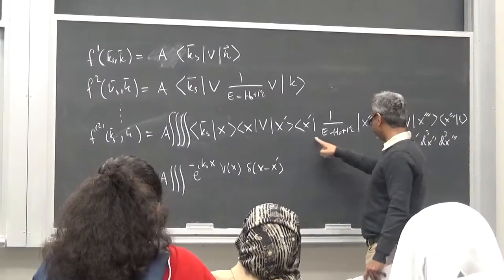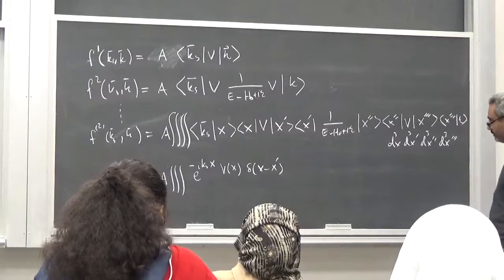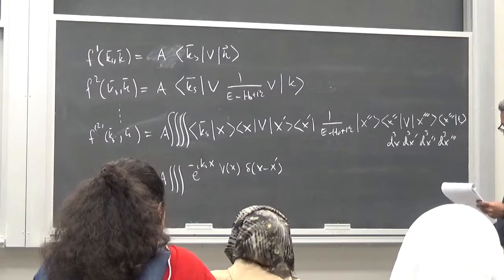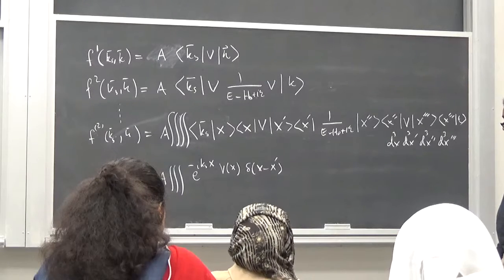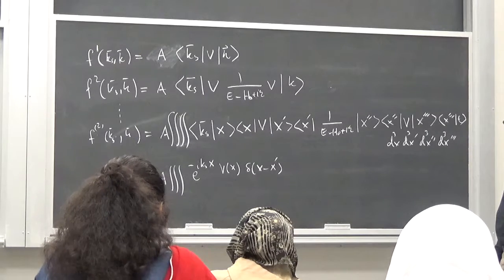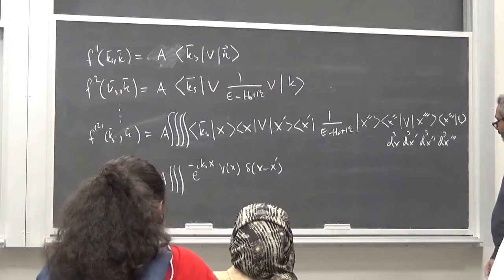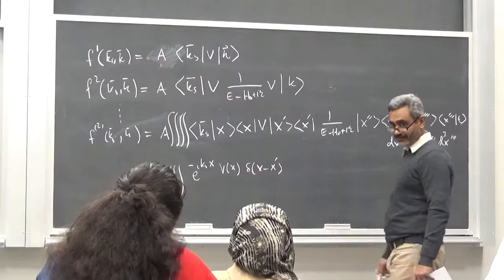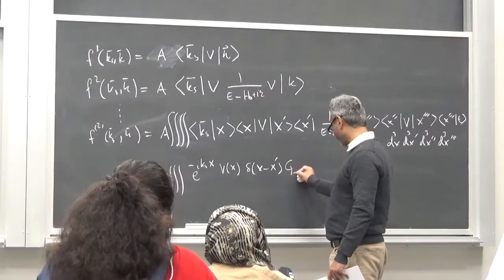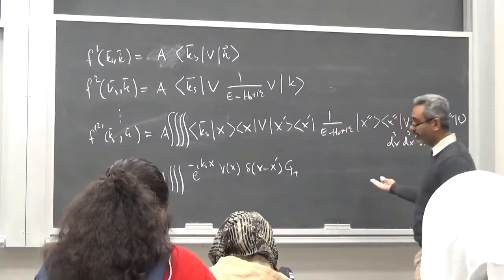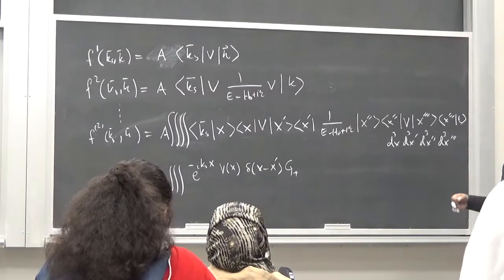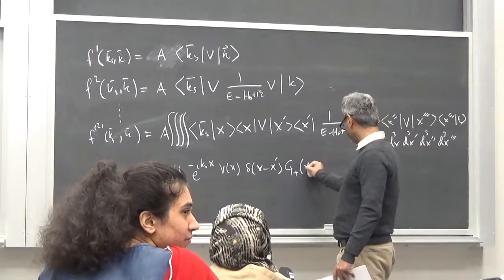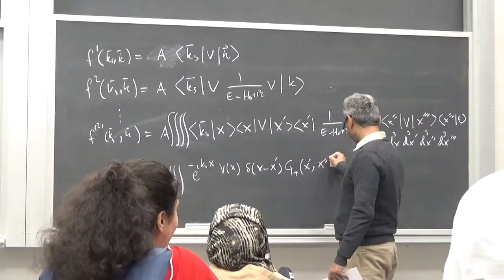And what is this? Yes, what is this? Delta function. Why would this be? Yes, it's the Green's function. We've already calculated that, and now you can see how easy it is. Once you've calculated the Green's function, now you don't have to worry about anything.